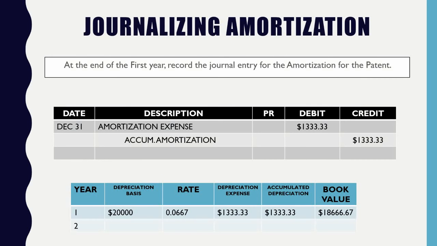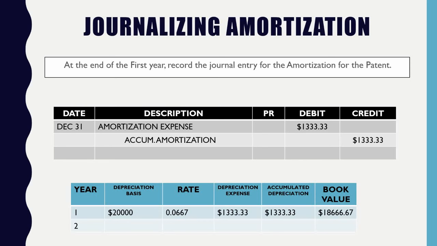So this is how you're going to journalize it. Instead of depreciation expense, you're going to change the word depreciation to amortization, okay? Because the only difference between the meaning and the terminology is that one is for tangible assets, which you depreciate, and one is for intangible assets, which we call amortization.